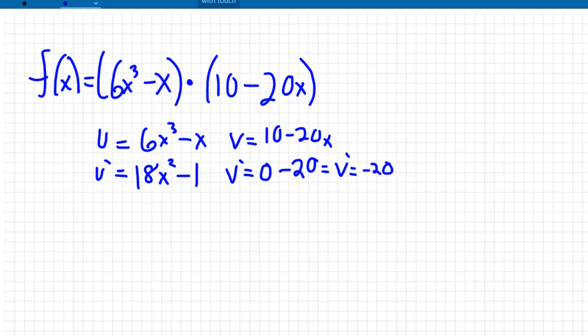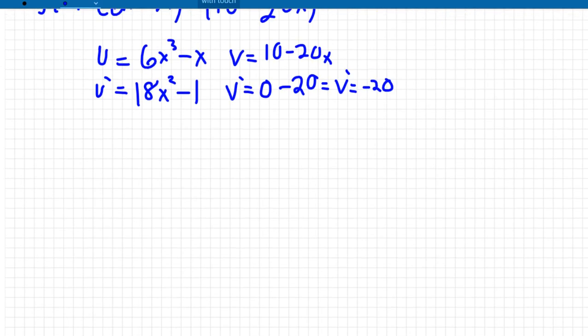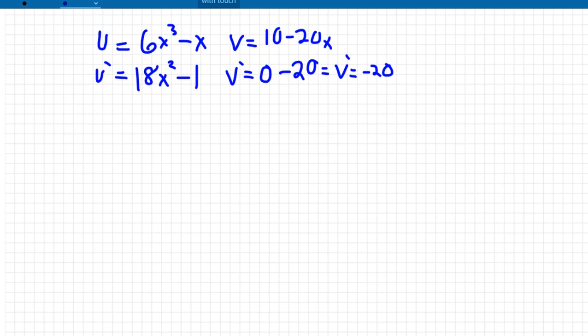All right, so we plug that into our product rule, which I'll write up again. The derivative of u times v, I should denote. So d over dx of u times v equals u v prime plus u prime v. All right, so we'll scroll down a little bit here and we'll plug everything in.